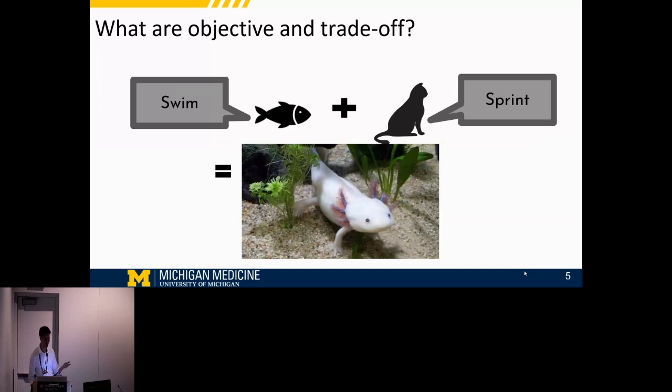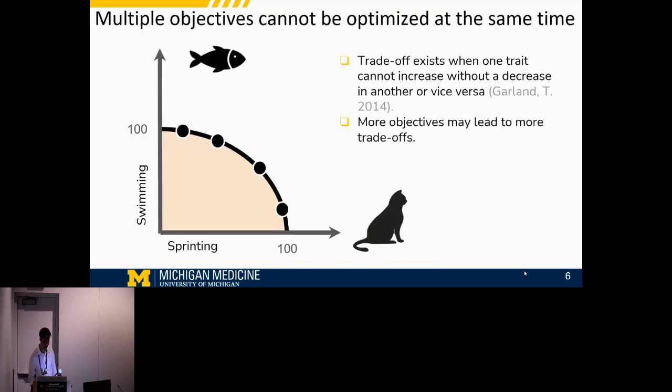But there is an animal in reality called the axolotl that has two different types of phenotype. However, they are competing with each other. So if we take a look at the objectives in phenotypical space, let's say swimming and running are 100 out of 100 for fish and cat respectively.